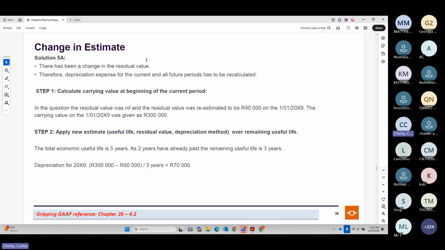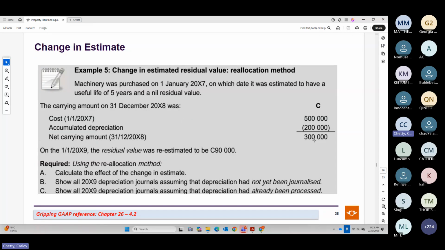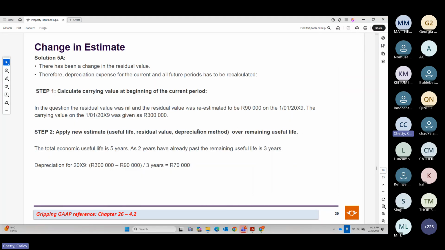The carrying value is given at 300,000 Rand. So do you agree that that is the carrying value we are looking for? So the carrying value was given, and is 300,000 Rand. Now we need to apply the new estimate, the useful life, the residual value, the depreciation method over the remaining useful life.